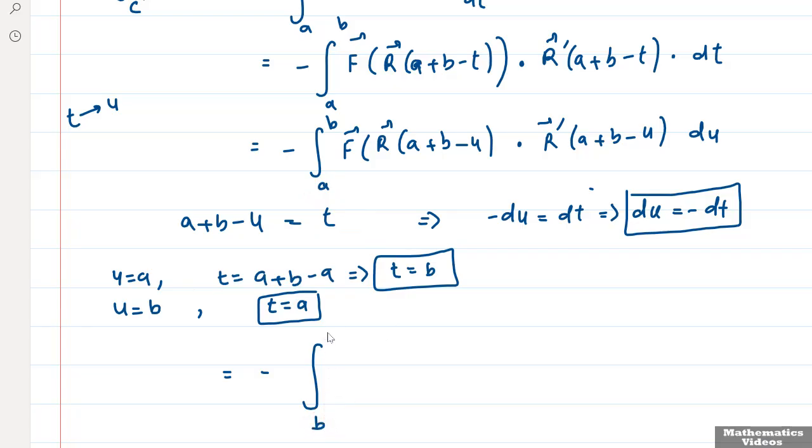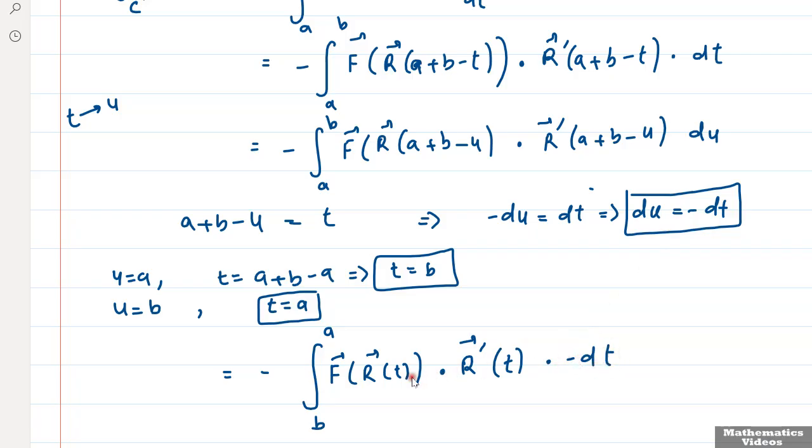So b is at the lower limit of integration and a is at the upper limit of integration, and then f of r of a plus b minus u, which is t, dot product with r prime of a plus b minus u, that is t, and then we have du, which is equal to minus dt.